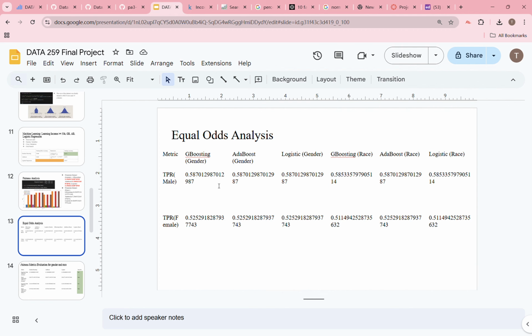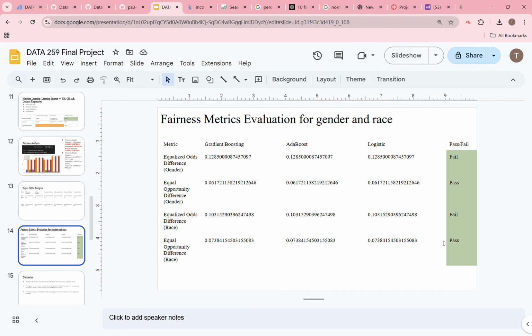Here is a summary for the above visualization. This is when I apply some fairness metrics on this data. As you can see, all of the equalized odds difference metrics fell short because it's a really strict metric.